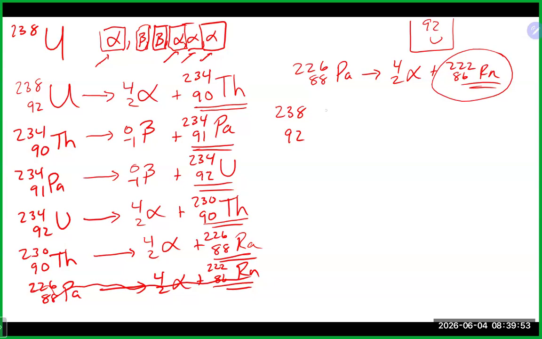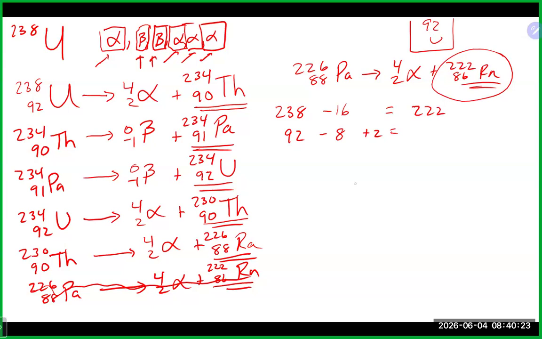So for every alpha particle, we're going to subtract 4, and there's 4 of them, so that's 16 off of that. And in terms of the bottom, we're going to take 2 for every alpha. So 2 times that is 8. Now for every beta particle, we're going to basically put 1 back. So we do a +2 on the bottom. And obviously here, we should hopefully end up with 222.